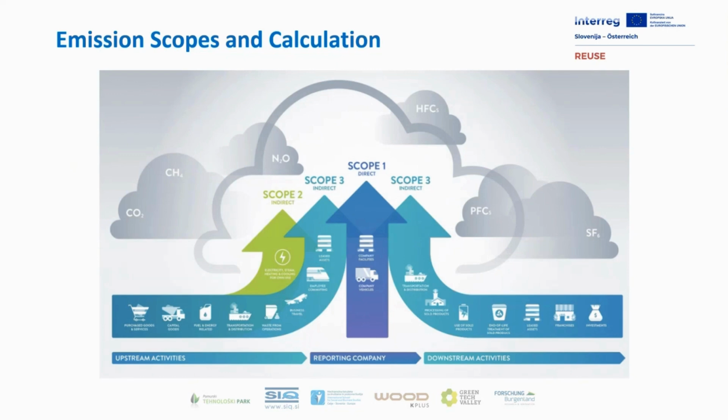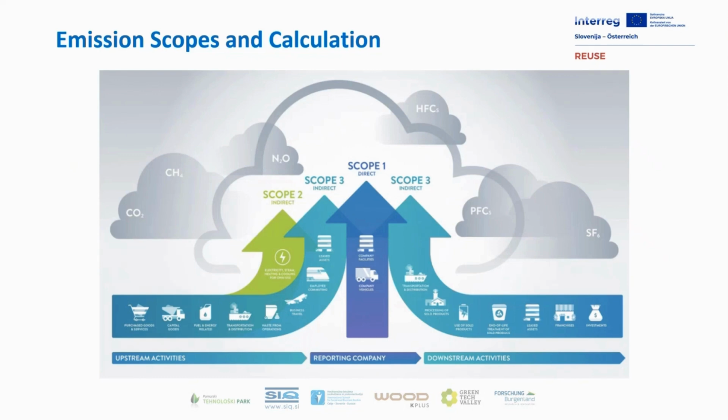These are emissions that result from sources directly controlled or owned by the organization, such as combustion from the company's vehicles or on-site energy generation. Scope 1 emissions are often the easiest to measure because they come directly from the organization's own activities. For example, a logistics company would include emissions from its vehicle fleet under Scope 1.